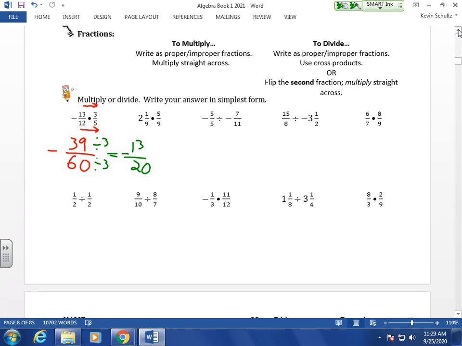It doesn't matter if you put the negative sign with the 13 only, with the 20 only, or out in front of the fraction, kind of like I have my first one here. It doesn't make a difference. Any of those would be correct. Yes?